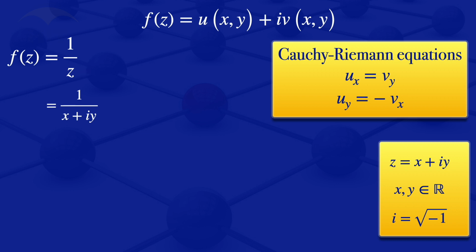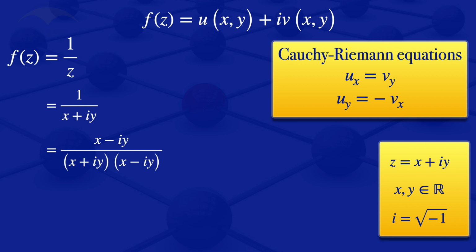So substitute this into our function f of z, then we have 1 divided by x plus iy. When we are looking at a division of complex numbers, we multiply the numerator and denominator by the conjugate. So we multiply by the conjugate of x plus iy, and we would have x minus iy divided by x plus iy multiplied by x minus iy.